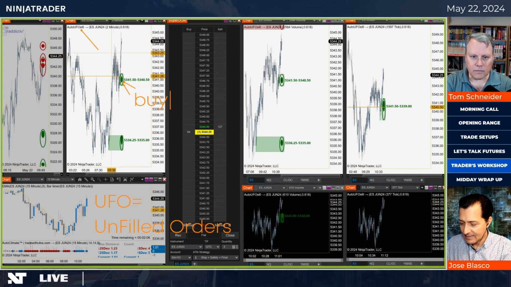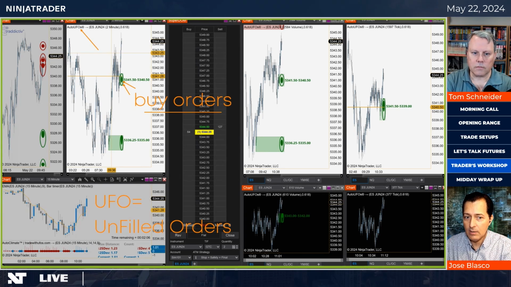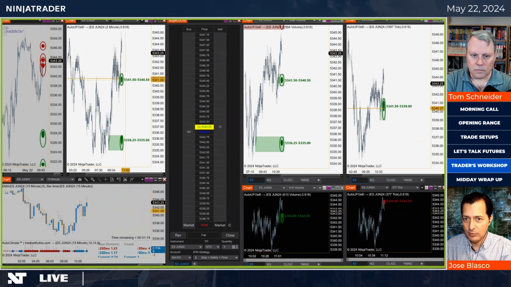That region on the chart is where I want to get my entries to go long, where the buy orders are, the ones that have not been filled yet. The ones that have already been filled probably already produced some move, but that already happened. I want to position myself where the odds suggest unfilled orders are waiting to get filled. Unfilled buy orders, in this case green, are where I want my entry to be.